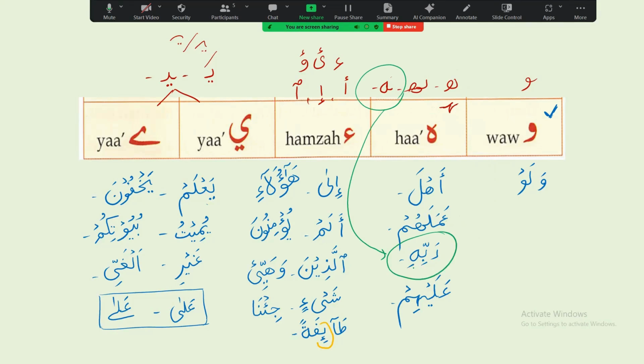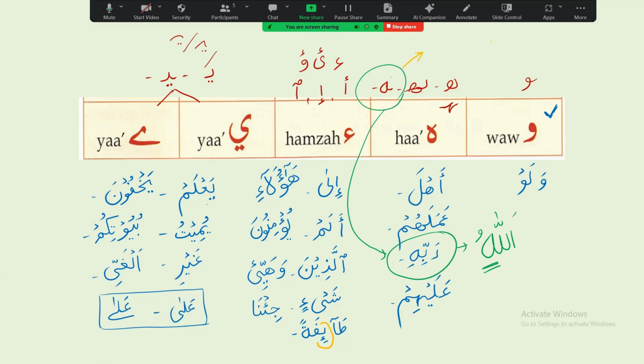Rabbihi. The Ha letter is here at the end now. This is the same Ha that comes at the end of Allah subhanahu wa ta'ala's name when we say Allahu. This is the same Ha. Hu. Rabbihi. Allahu.